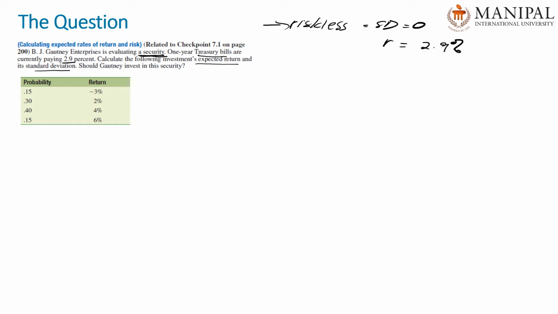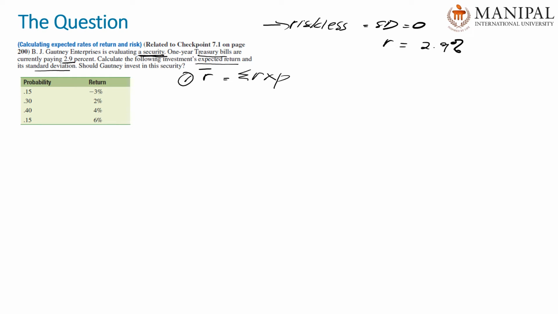So the first one, we are going to calculate the expected return. I put it as R bar. Again, if you remember the formula, it is a summation. I will put a summation of R multiplied by probability.